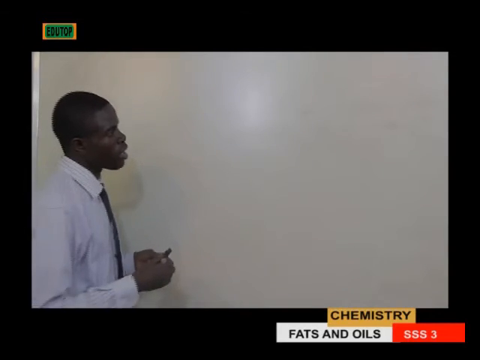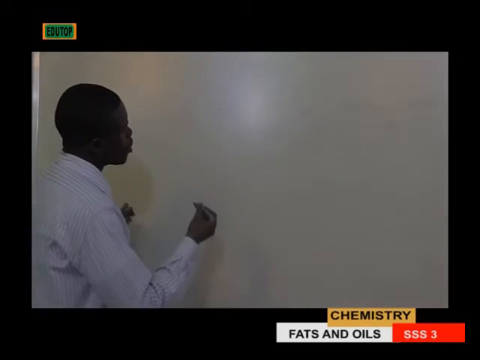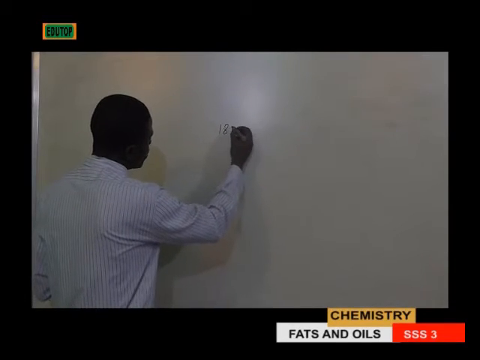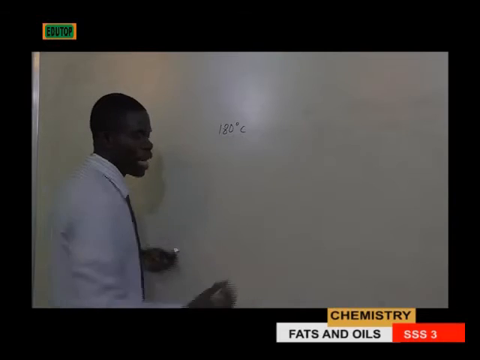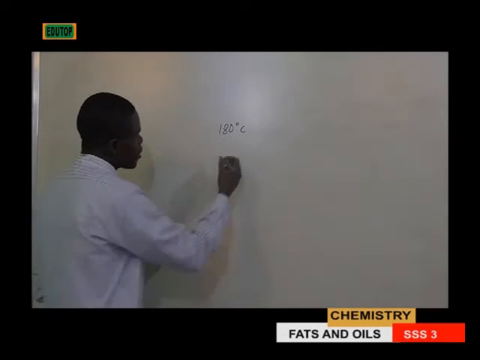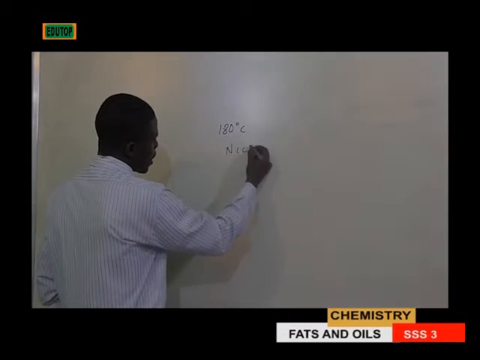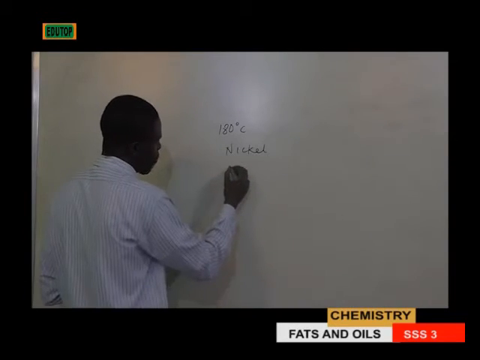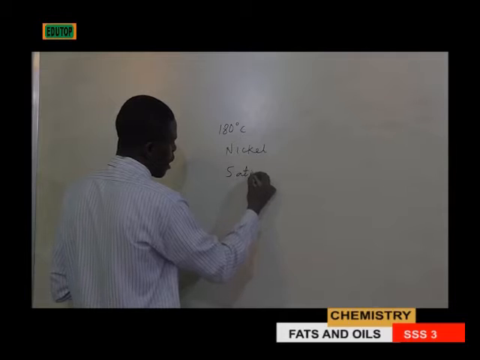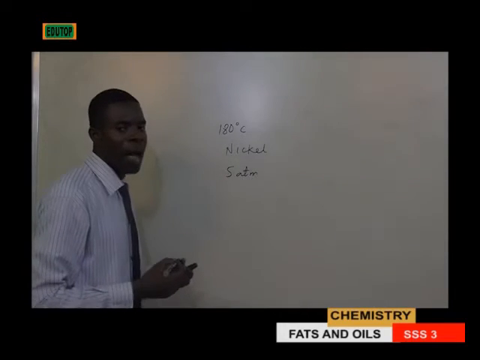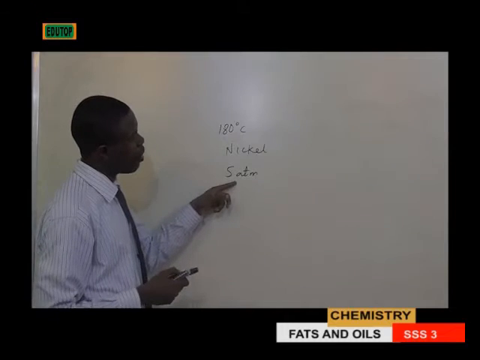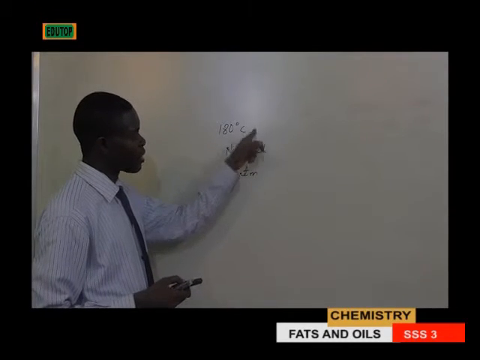What is this critical condition? The oil must be subjected to about 180 degrees centigrade in the presence of a nickel catalyst, and hydrogen is bubbled at 5 atm, which is also known as 5 atmosphere. So this is the pressure, this is the catalyst, and this is the temperature.